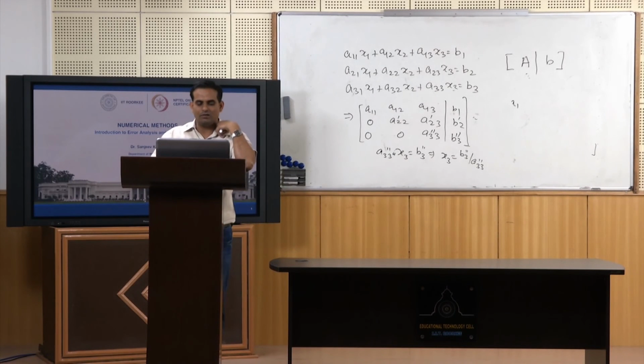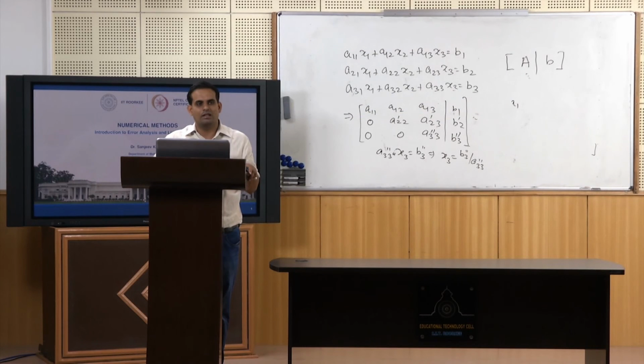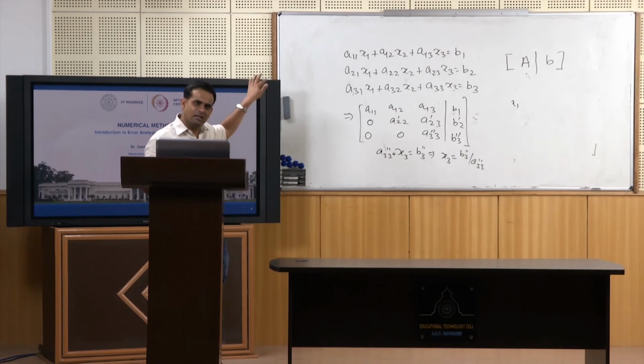However, the exact solution of this system is like this, and you can see we have a huge error in the solution which we obtained using the Gaussian elimination method. Here, as you know, we have followed the procedure in a correct manner, but still there is a big difference in the final solution. So, how to overcome this?